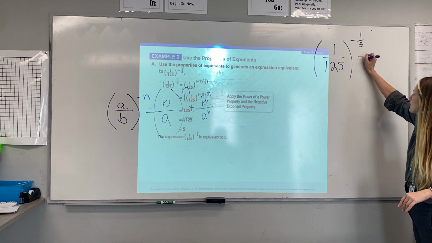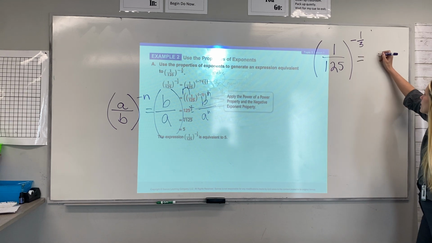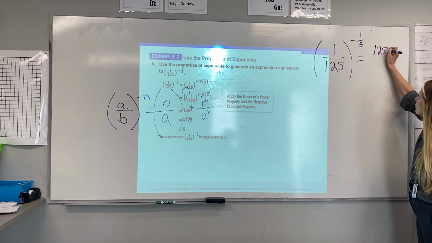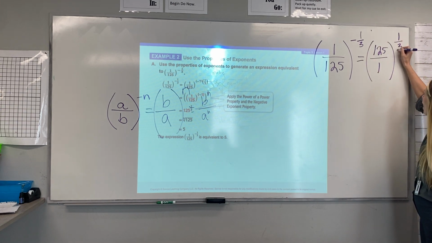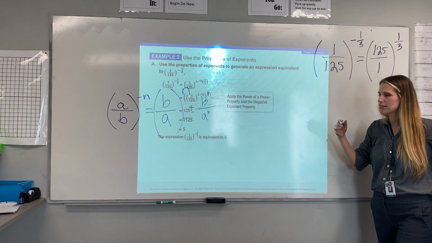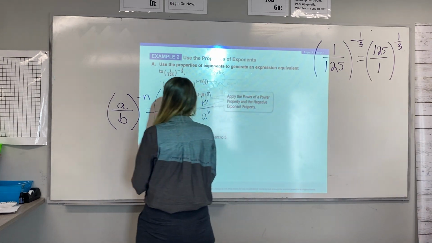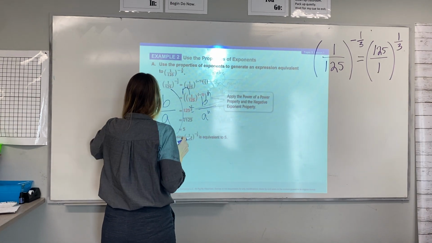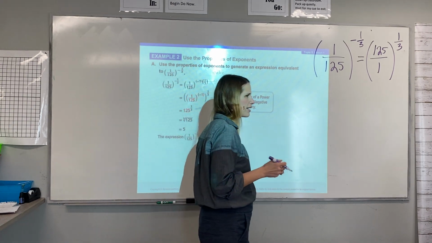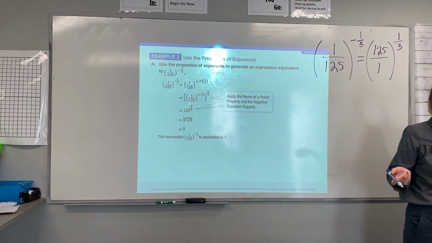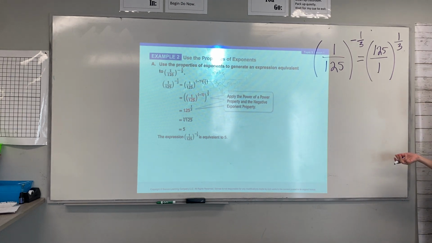So this is going to become 125 over 1 to the positive 1/3 power. Then, when you look inside that fraction now, that can just be simplified inside to 125. Not 125 over 1. We don't need that noise in our life anymore.